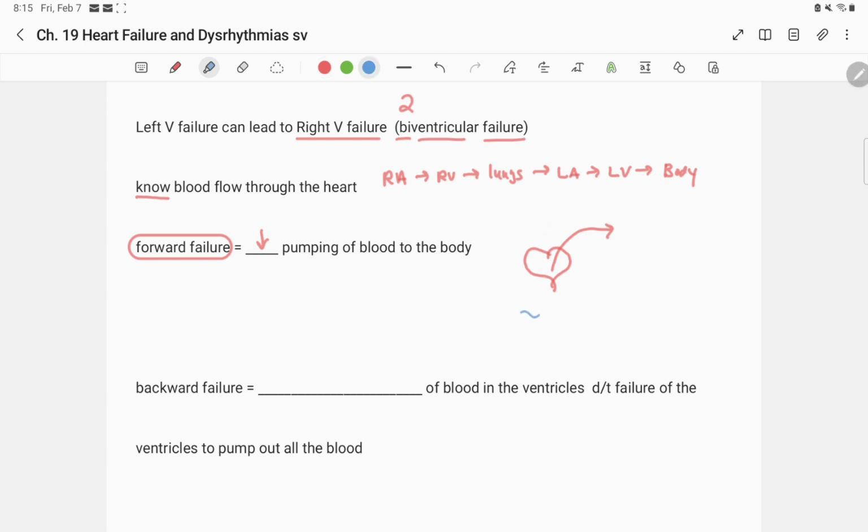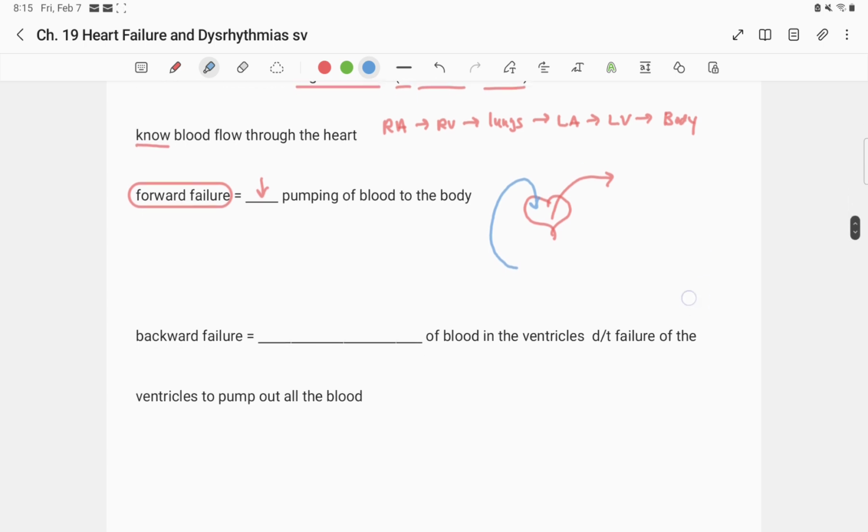Now simultaneously, as blood is entering into the heart from the body, that's also considered forward movement of the blood. So if you look at the blood in the body, it's supposed to move in a certain direction. That's forward movement. So if you have forward failure, it's the pumping of blood to the body.